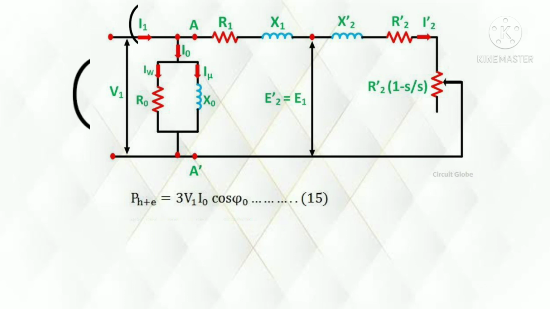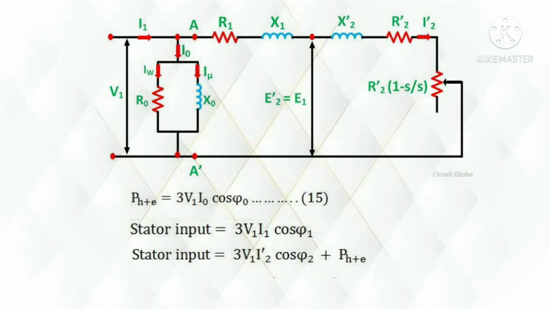We are giving voltage V1 and current I1 to the stator input, and the power factor of this is cos phi 1. So stator input equals 3V1 I1 cos phi 1. This stator input is contributing to the core loss, the copper loss and the mechanical equivalent of the rotor circuit.